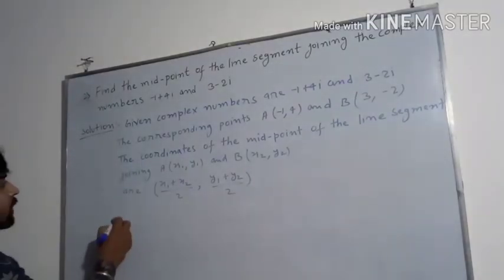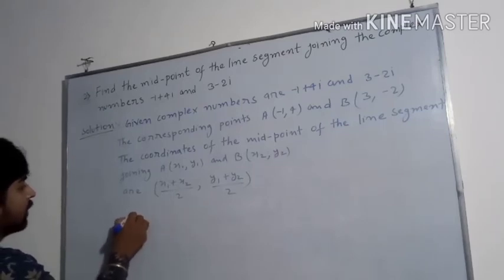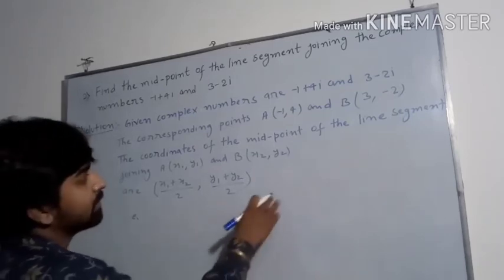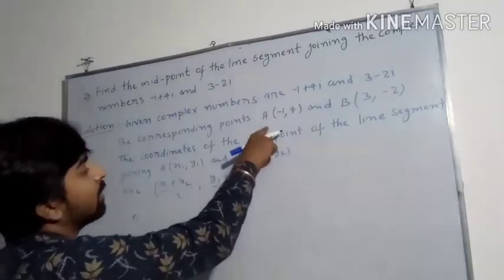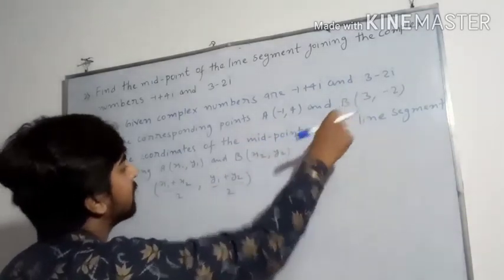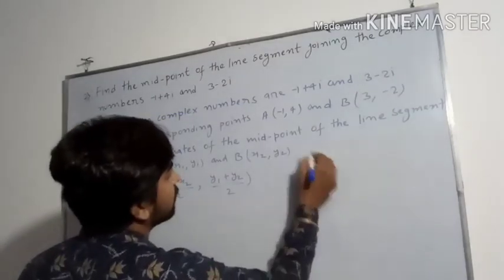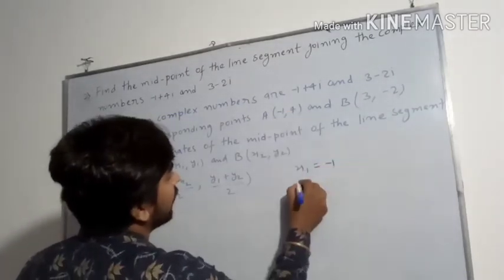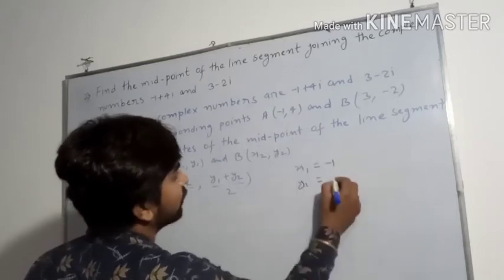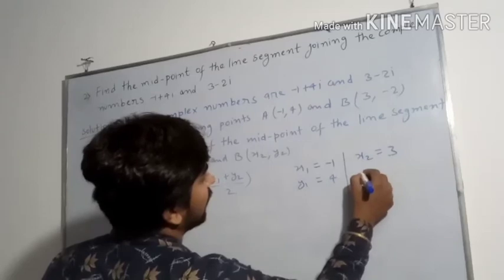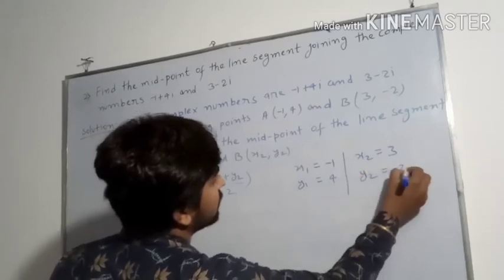Now putting the values of x1, x2, y1, y2, we will get the coordinates of the midpoint of the line segment joining points A (-1, 4) and B (3, -2). Here x1 equals minus 1 and y1 equals 4, x2 equals 3 and y2 equals minus 2.